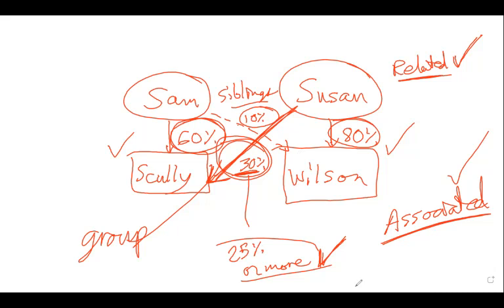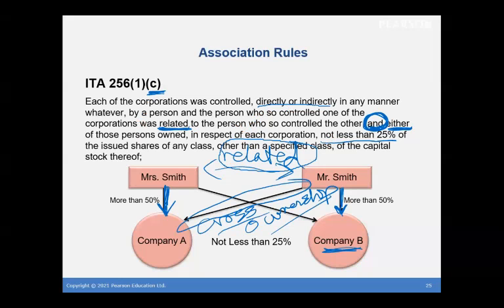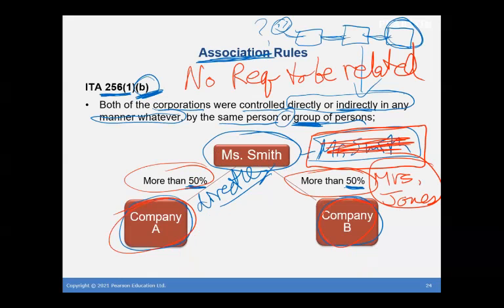So if we go back to the slideshow and go back to B, again, it didn't show the person here, but if you have that group controlling together both of the companies, so both of the corporations were controlled directly or indirectly in any manner, whatever, by the same person or group of persons.